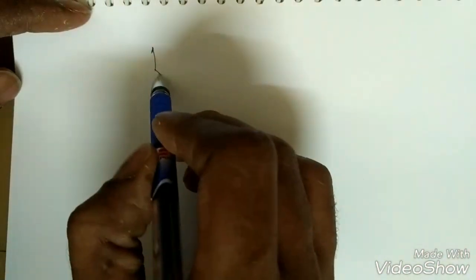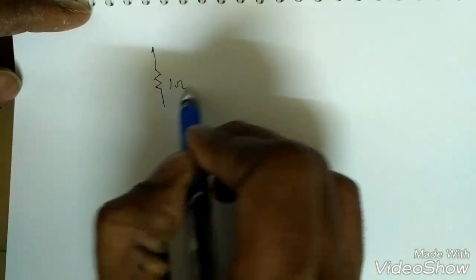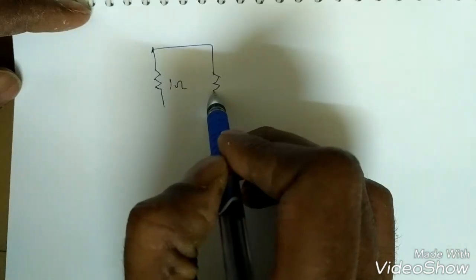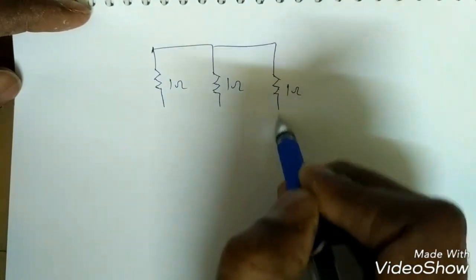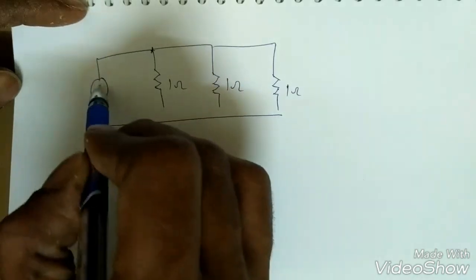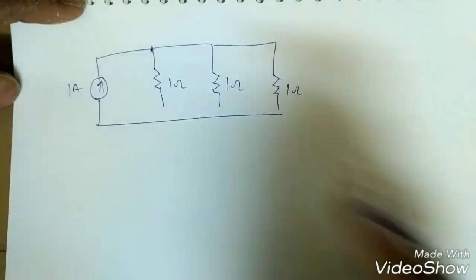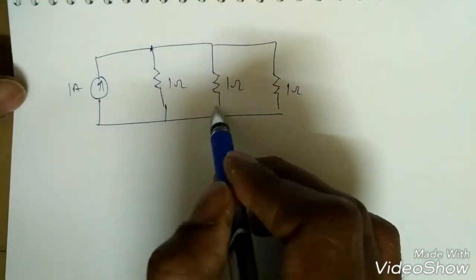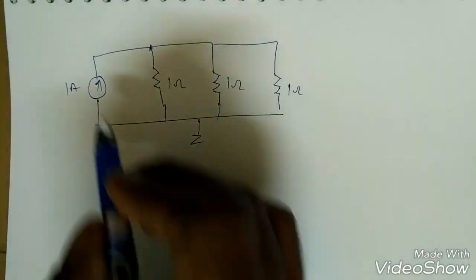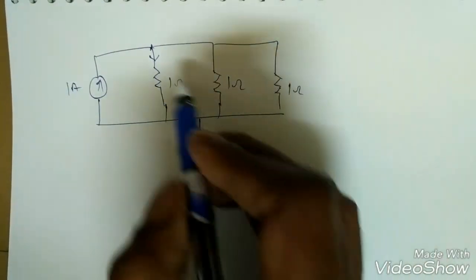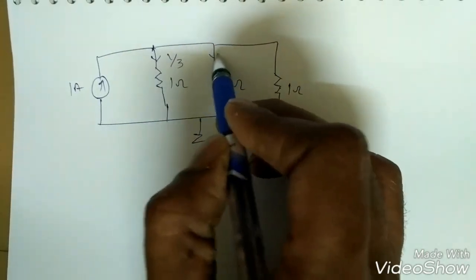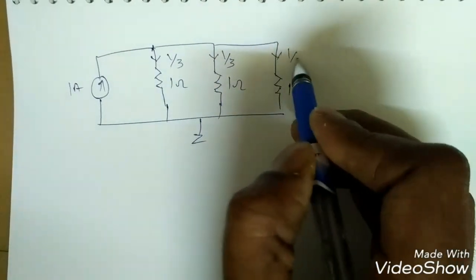Suppose I take an example: three 1 ohm resistances in parallel, and the current is 1 ampere. Whenever the resistances are the same, the current will be divided equally, right? So three parts are there, that is 1 by 3, 1 by 3, 1 by 3.